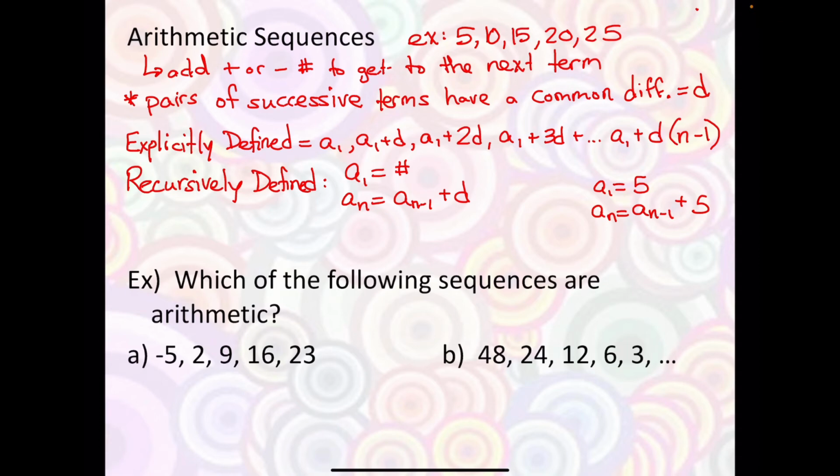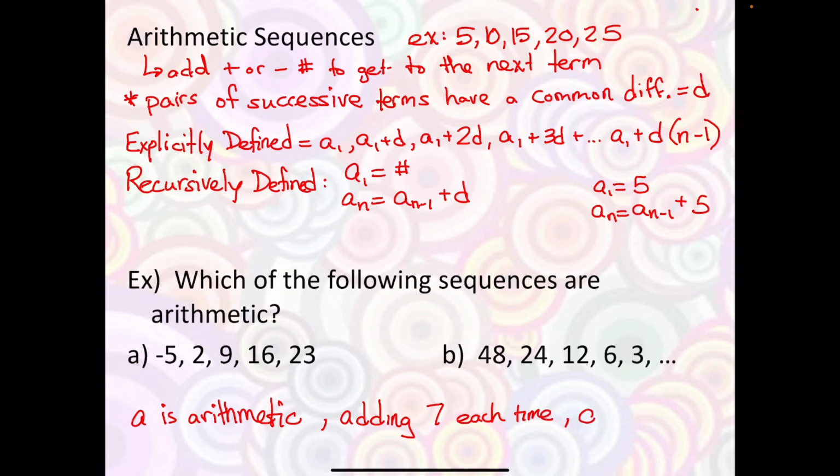From 2 to 9, adding 7. 9 to 16, adding 7. All the way through, we are adding 7. So it looks like A is arithmetic. I checked each term to see if we were adding the same number, and we were adding 7 each time.